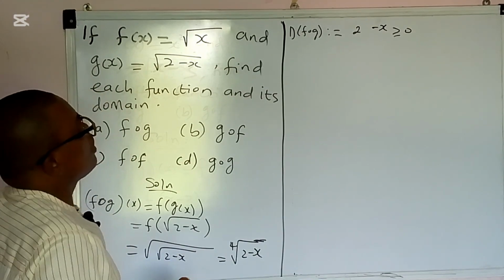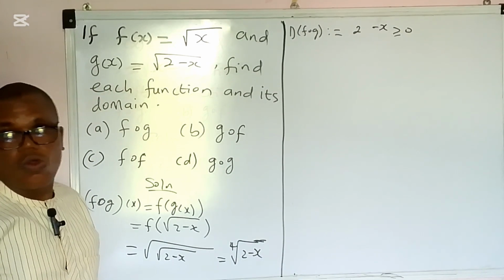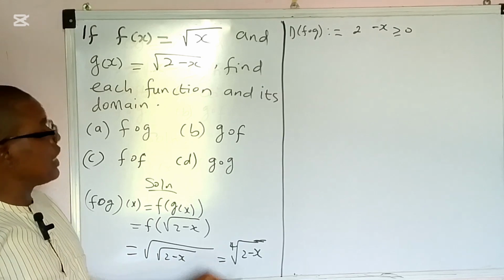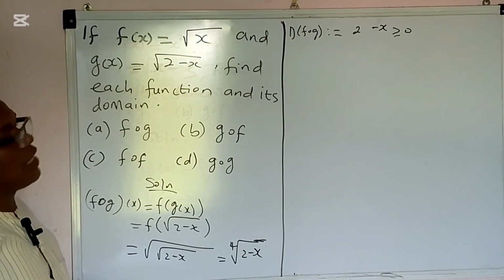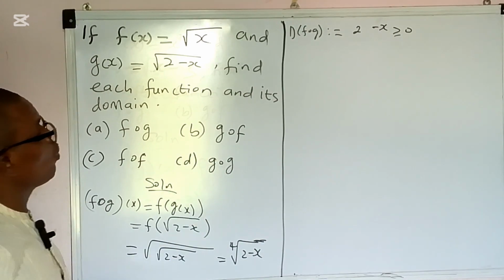That's the condition, because if you find the square root of negative numbers, that will lead us to the complex number system, which is not what we want.